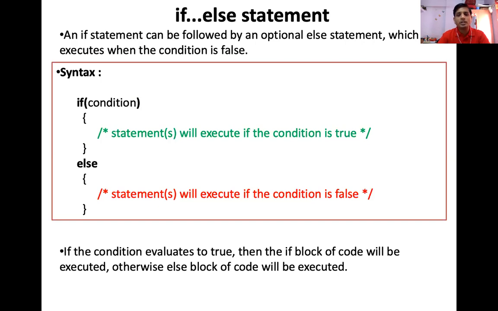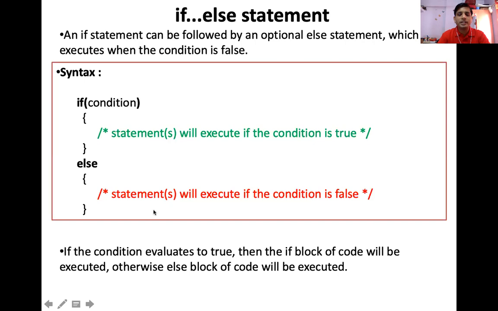Otherwise, we have another set of statements if that condition is false. So if that condition is true, then the statements inside the if block will be executed. But what happens if the condition is false? It will go to the else part and execute whatever statements are present in the else part. So here we are handling both conditions, the true condition as well as the false condition.